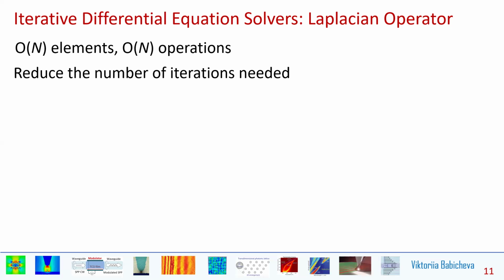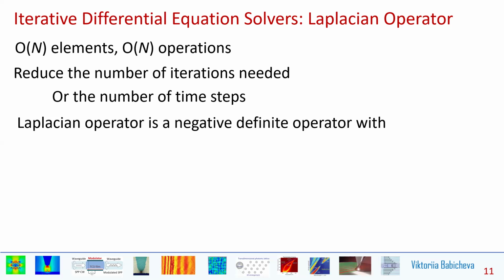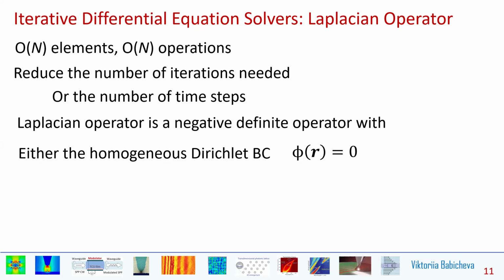For Laplace equations, the equivalent matrix can always be positive definite, and it stems from the condition that the Laplacian operator is a negative definite operator for the case when we work with either a homogeneous Dirichlet boundary condition, where the function is equal to 0 at the boundary, or a homogeneous Neumann boundary condition, where the function's derivative perpendicular to the boundary is equal to 0 at the boundary.